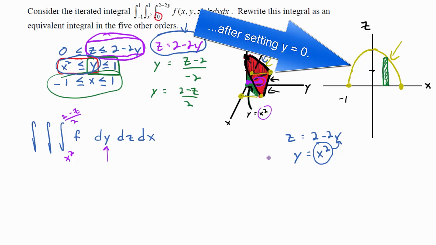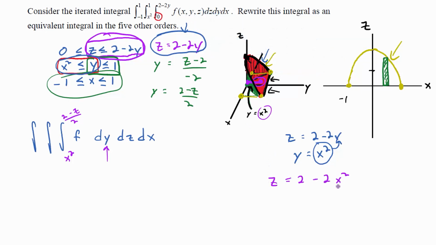And you get z is equal to 2 minus 2x squared. And it's that curve, whether it's in space or not. The thing that's changing is y. When you go from this black curve in space, this boundary curve, to the yellow curve of R, the boundary curve of R, the thing that's changing is y. It still has to be true that z is equal to 2 minus 2x squared, at least on the boundary curve, right?